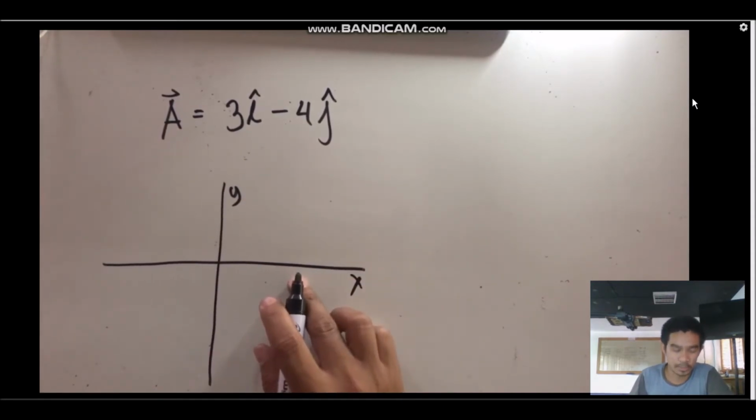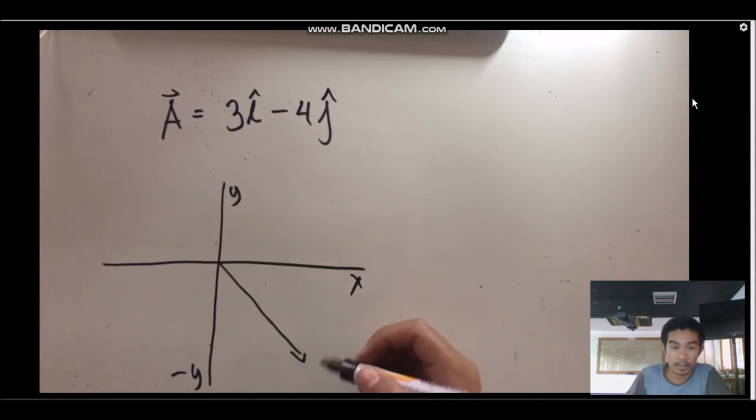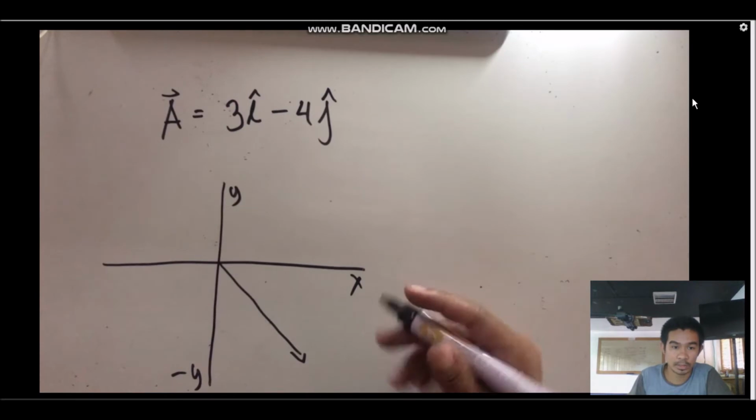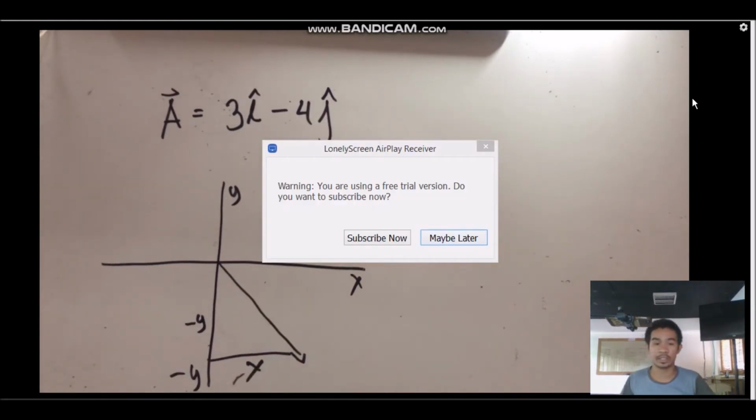X is positive and y is negative, so it's expected that the vector is located in the 4th quadrant. Alright, 4th quadrant. So this is the negative y component, and this is the positive x component.